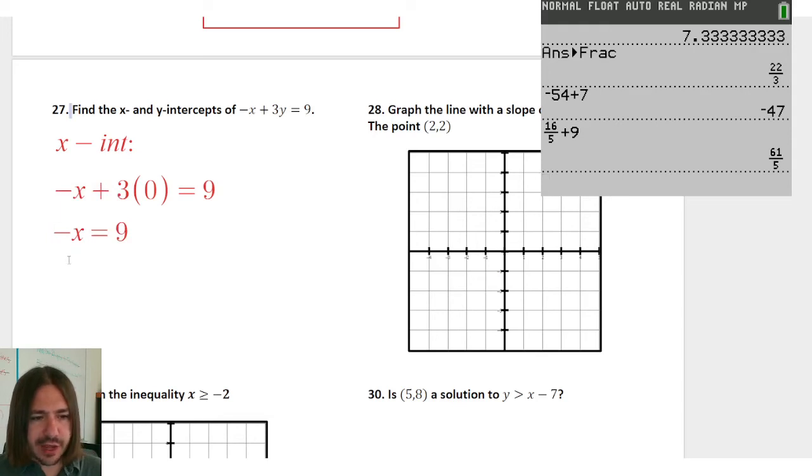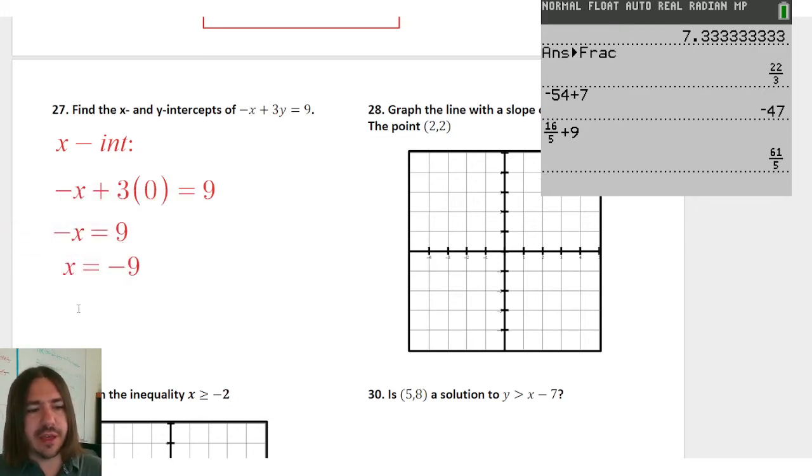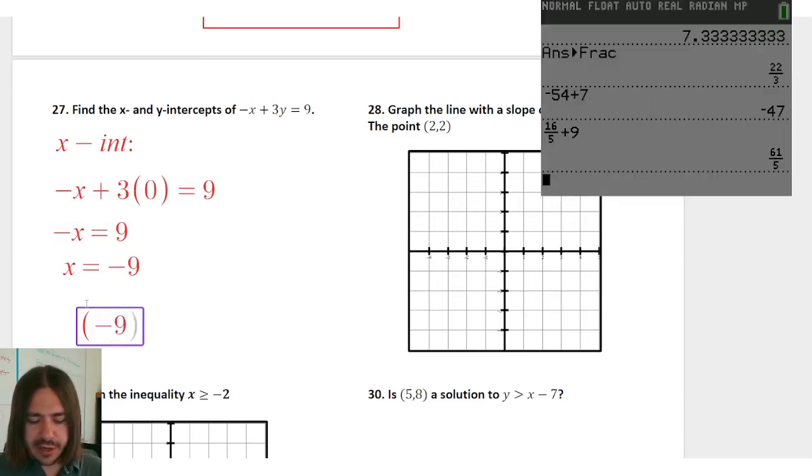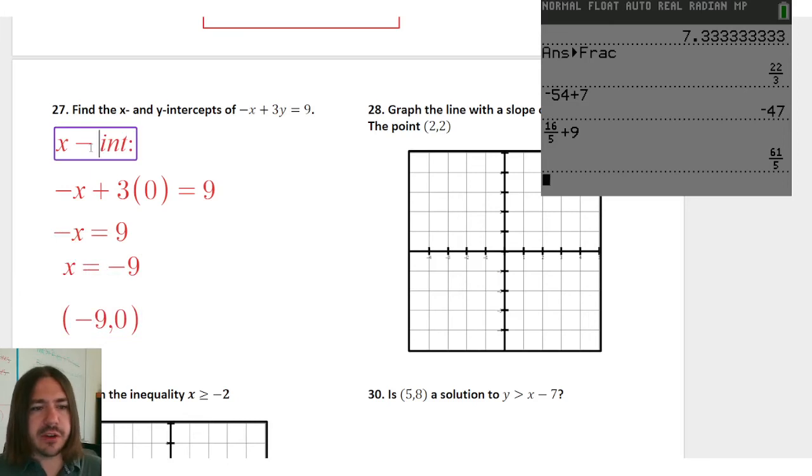If x is negative 9, then our intercept here will be at the coordinate negative 9, 0. And that's how you get the x-intercept. You get the y-intercept very similarly.